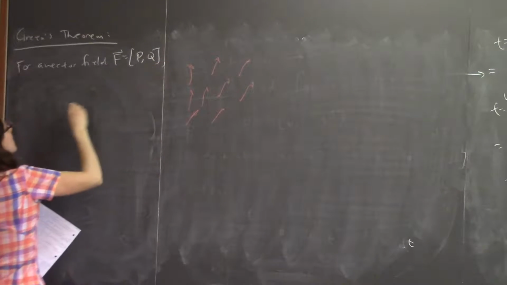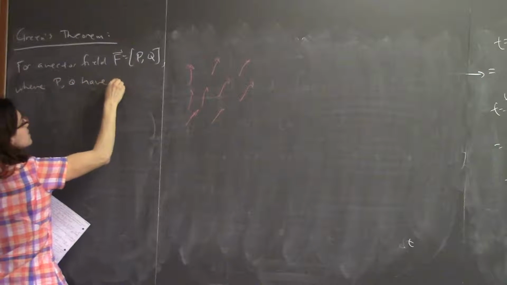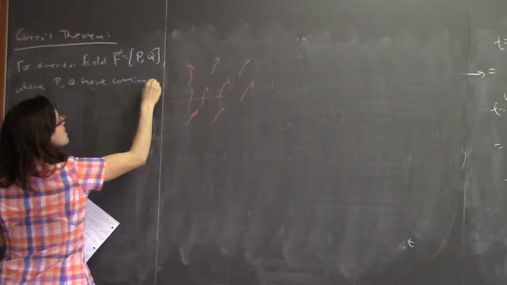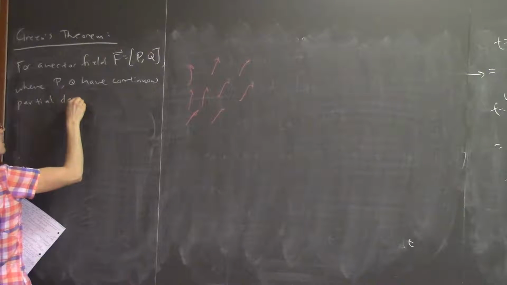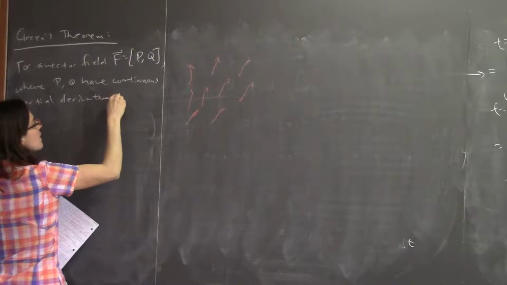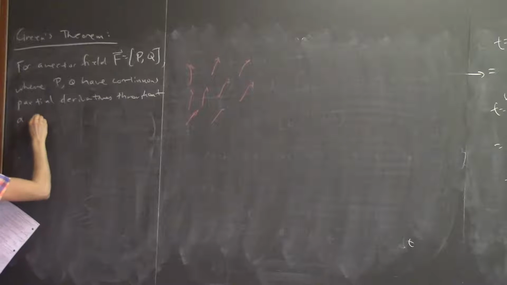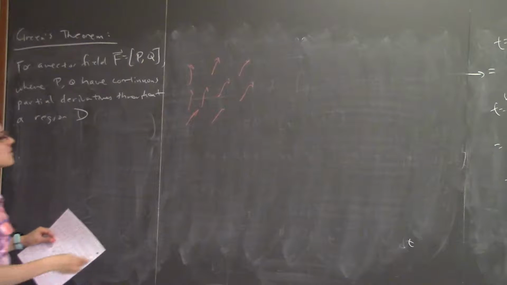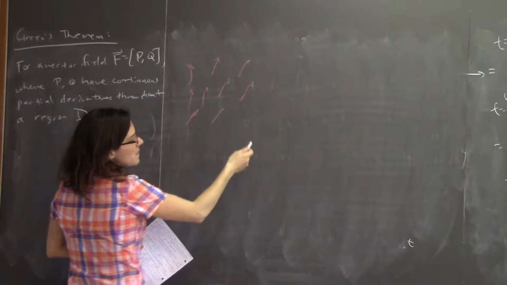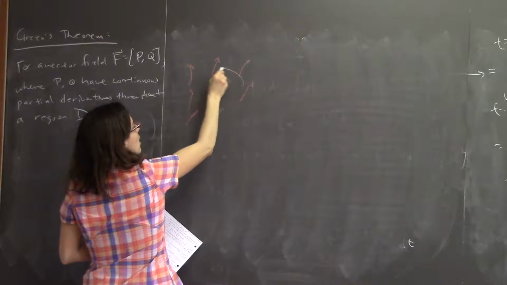There's our vector field, where P and Q have continuous partial derivatives throughout a region D in the plane. So D stands for domain. You can think of our domain as being like that triangle over there, or maybe just some blob region.